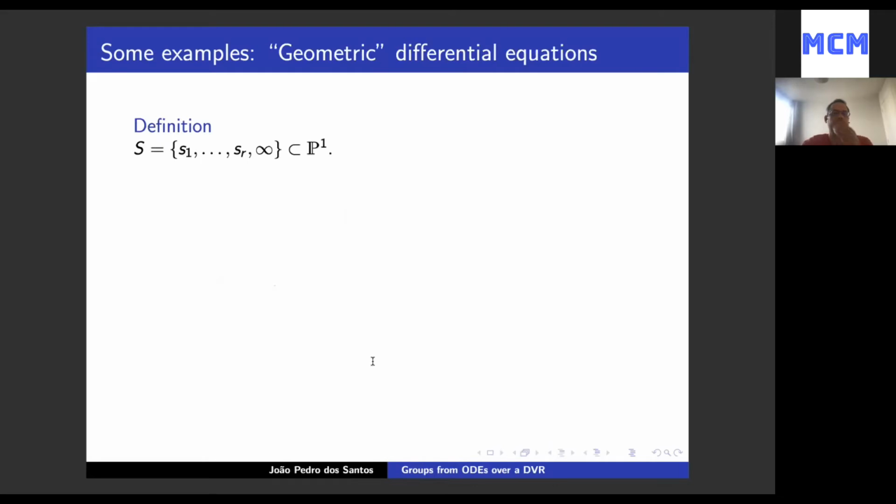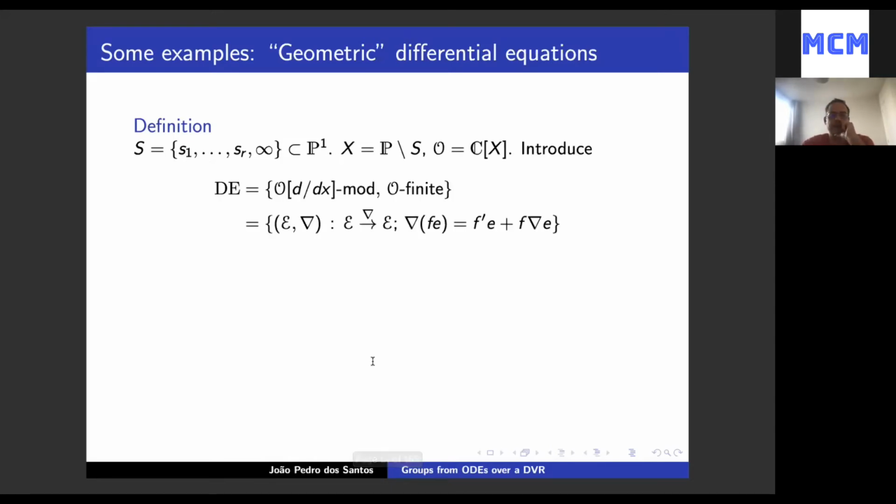Very good. So I move on now back to differential equations and geometric theory. I take a P1 and some points in there. I put infinity in there just to be safe. I consider the affine space obtained by removing these points, with its ring of functions.